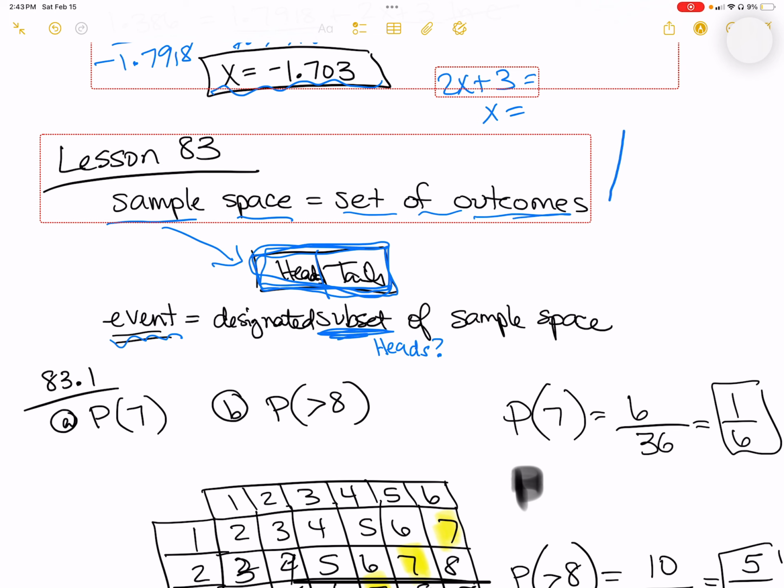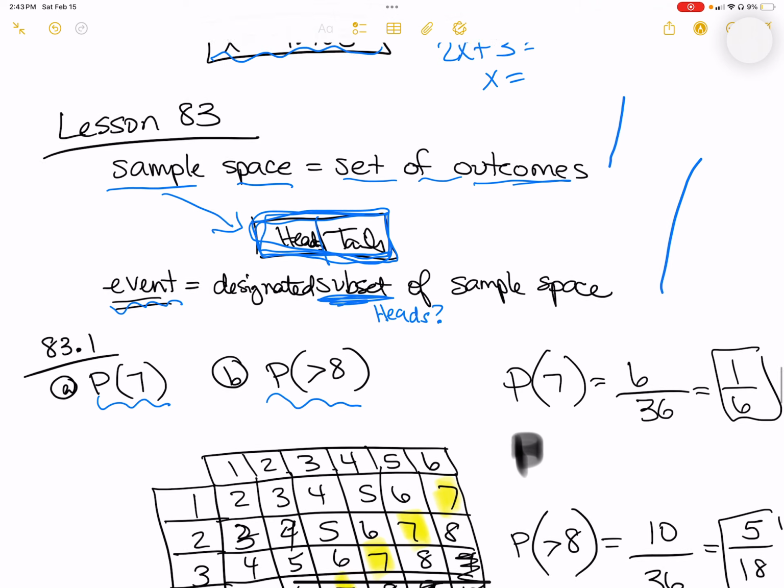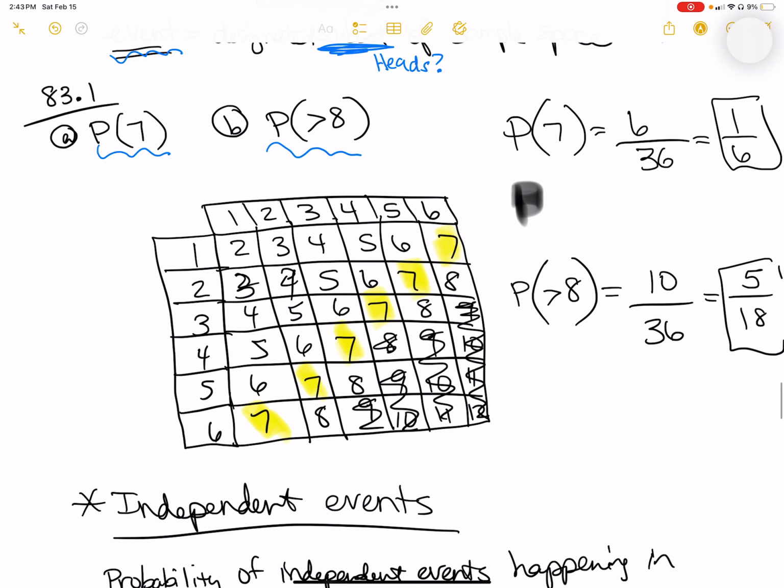So 83.1 says, if I have 2 dice and I roll them together, then what is the probability of getting a 7? And then the probability of getting greater than 8, all right? So when you have these 2 dice, if you roll 1, you can get these choices, 1, 2, 3, 4, 5, 6, okay? But we're going to combine what we roll, 1, 2, 3, 4, 5, 6 on the second die.